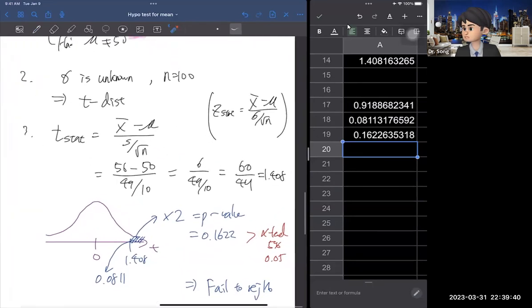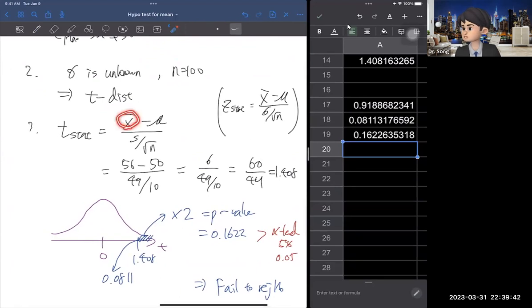Again, the intuition is when the sample mean and the population mean are pretty different, then we're going to have a very large or very small test statistic. In this case, let's say the X bar is like 70 something, 80 something. Then probably we have a large test statistic, given that the denominator, the standard error, is pretty much the same, right? So if the numerator, the gap, is large, then you will have a very large or very small test statistic.